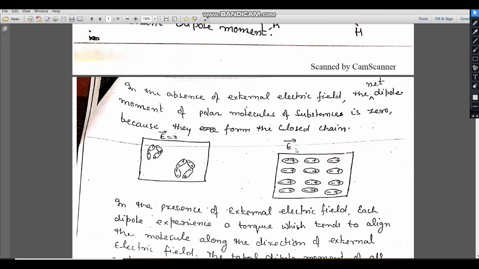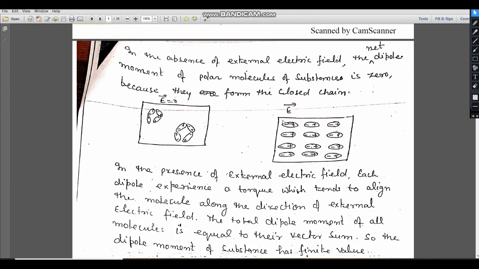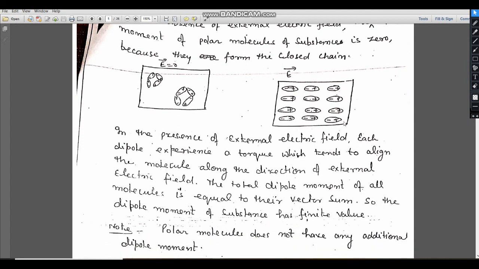But when we apply the electric field, each dipole experiences a force. Here I have written: in the presence of an external electric field, each dipole experiences a torque, which tends to align the molecule along the direction of the electric field.